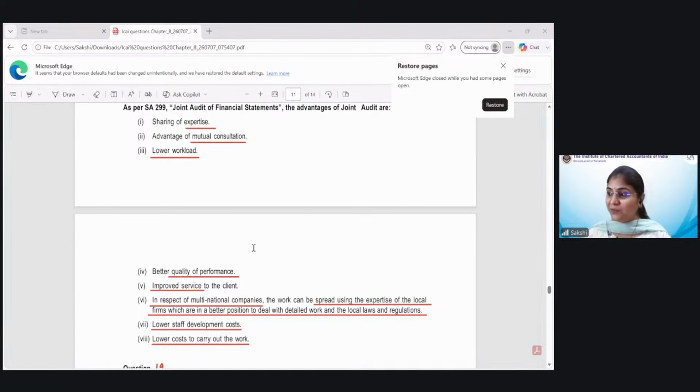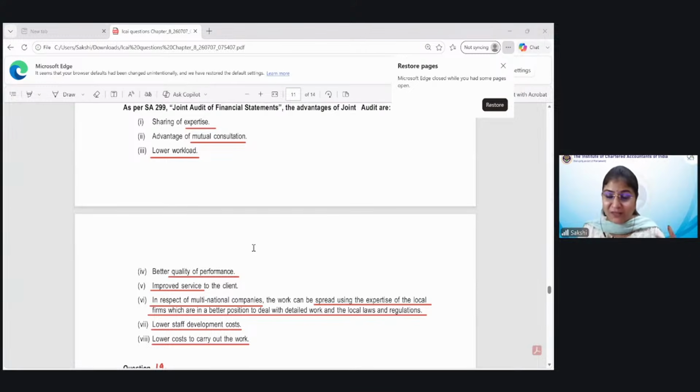No. That CA firm's engagement partner has a bold personality, and immediately he'll be able to seek evidence from people. So you say, okay, for this particular purpose, you do things. So you share the expertise. Then the advantage of mutual consultation. Obviously, for common audit areas, you discuss things mutually. You see, okay, this is the thing we have come across.